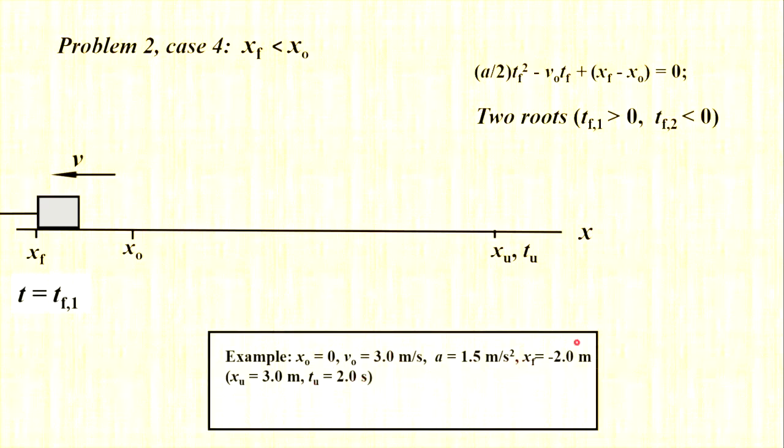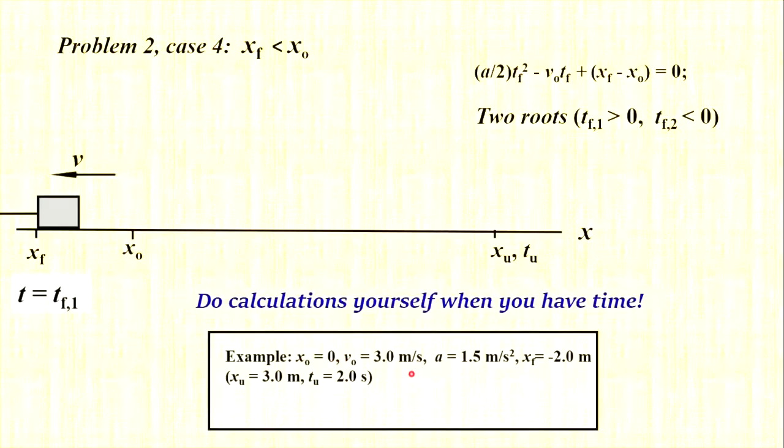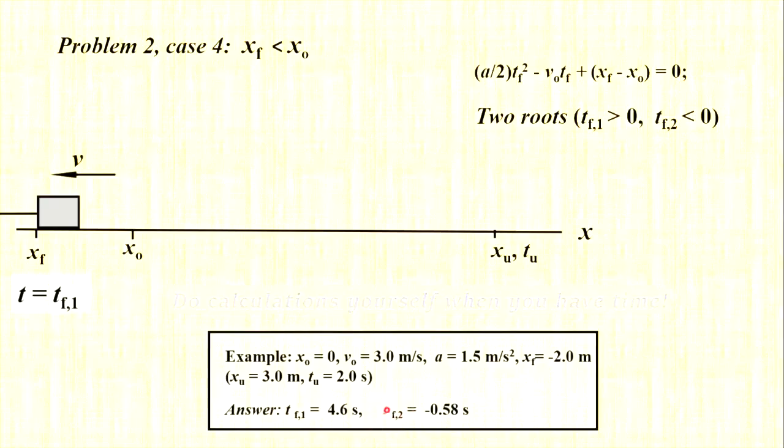And we select the point of interest at -2 meters, so to the left of the initial position, which is 0 in this example. After solving this quadratic equation, we will get the answer that time TF1 is equal to 4.6 seconds and the second time is negative, 0.858 seconds.